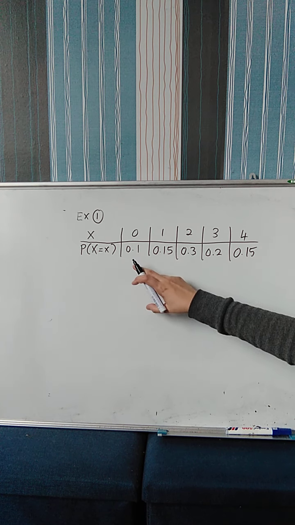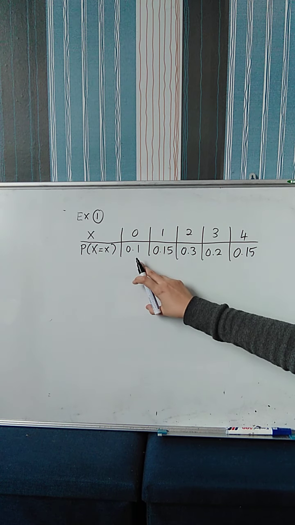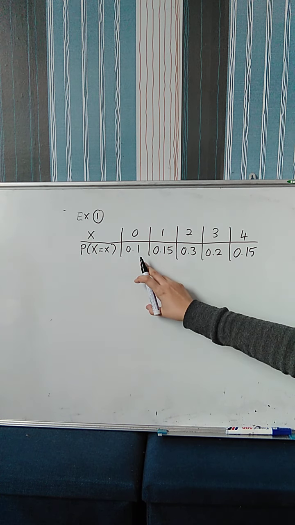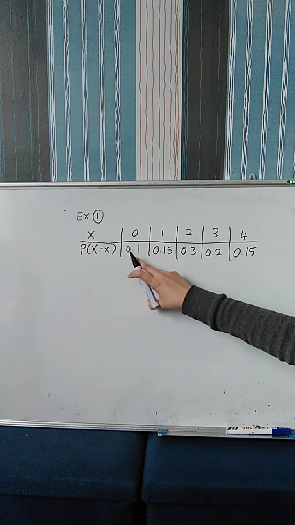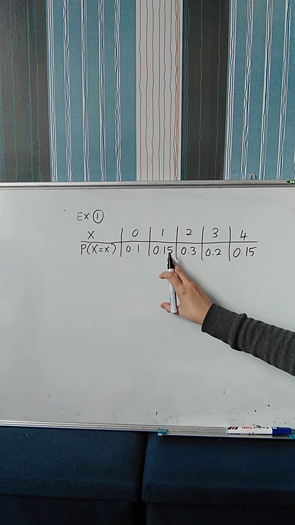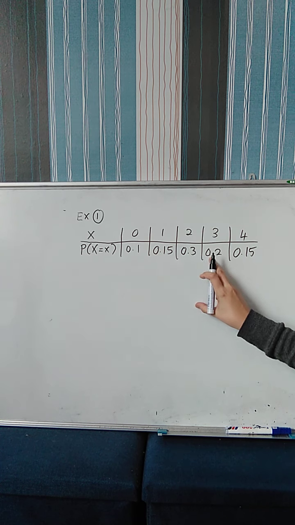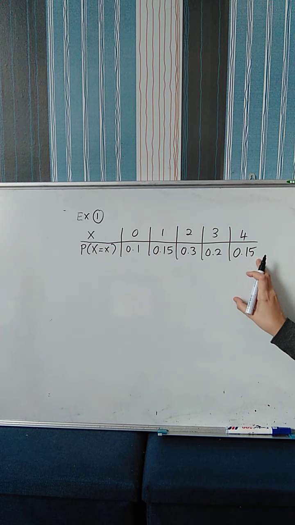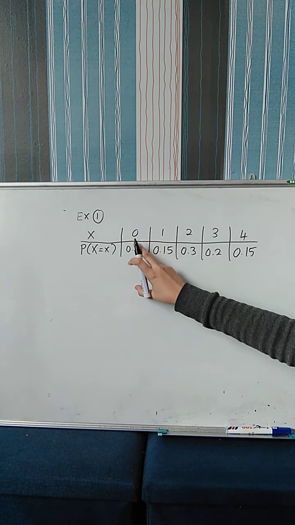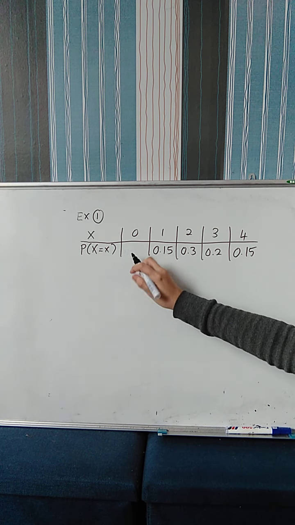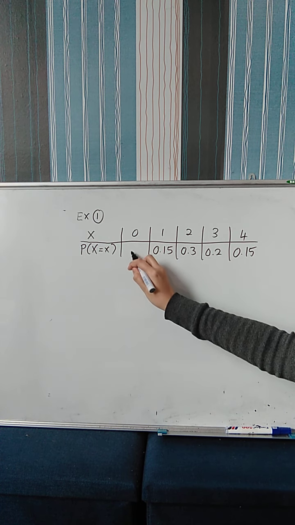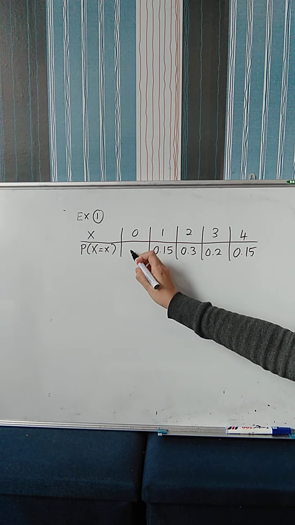Okay, let's continue to example 1. Given the probability distribution for the random variable x is shown below. x is 0, 1, 2, 3, 4, with probabilities 0.1, 0.15, 0.3, 0.2, and 0.15. For x equal to 0, there is a correction, not 0.1.